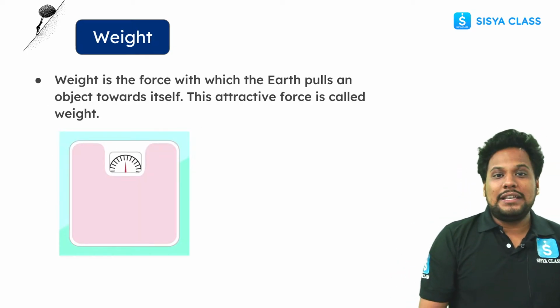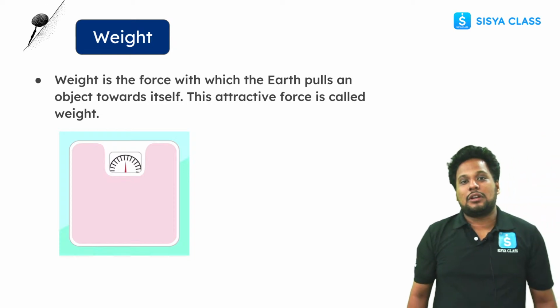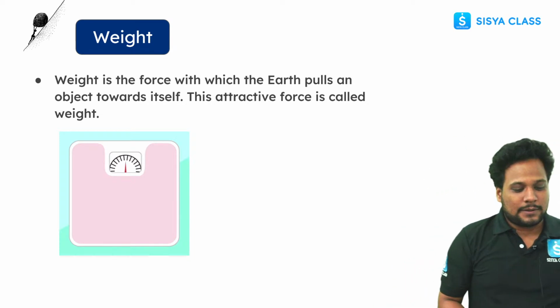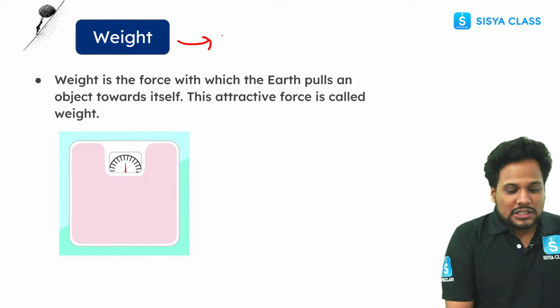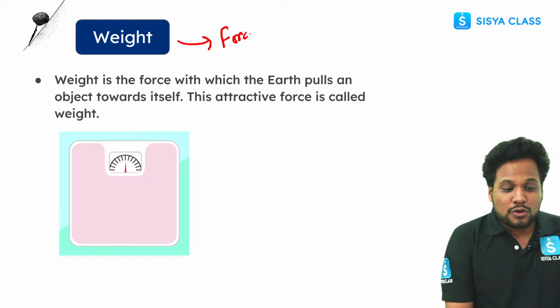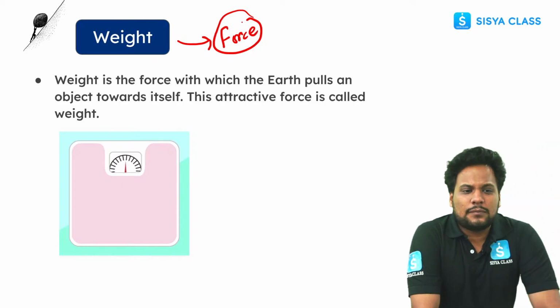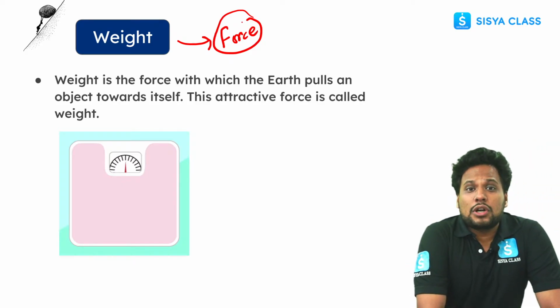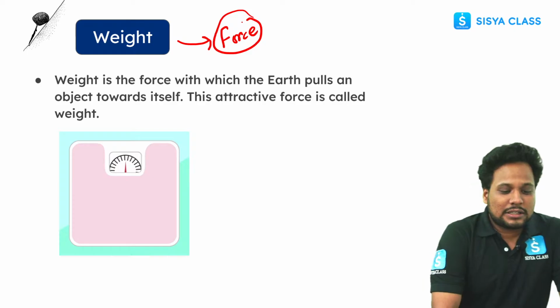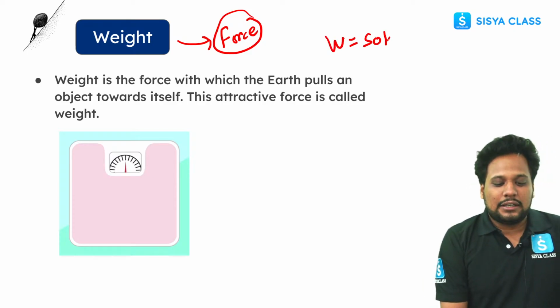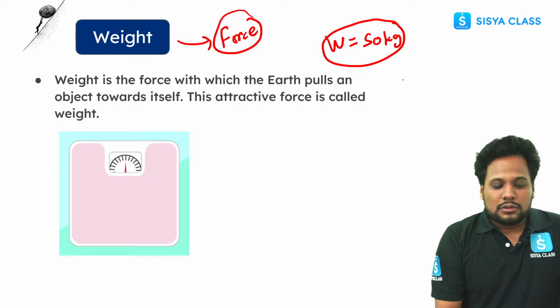Now, what is weight? In the previous class only I told you what is weight, right? Now let's understand in detail what weight is. Weight is a force actually. You must have heard someone ask you, tell me what is your weight, right? So you are going to tell them that my weight is 50 kg, or my weight is 60 kg.